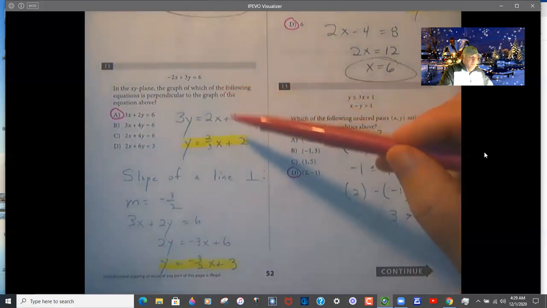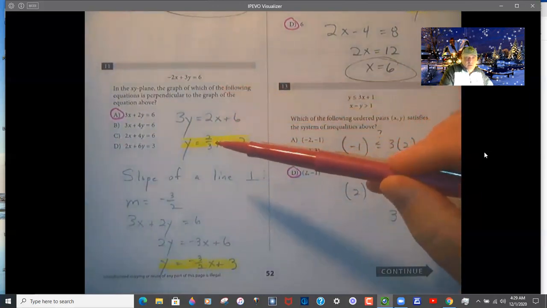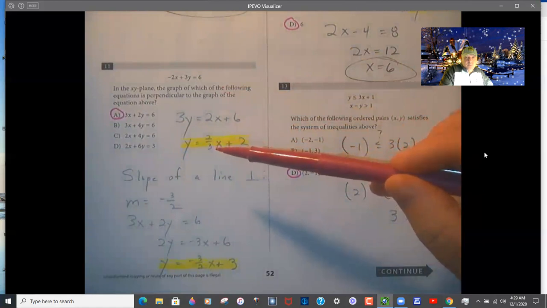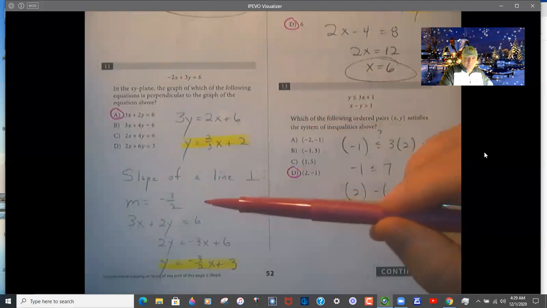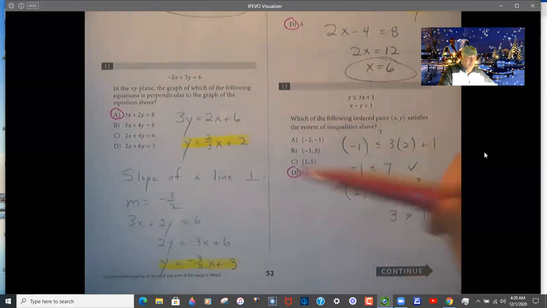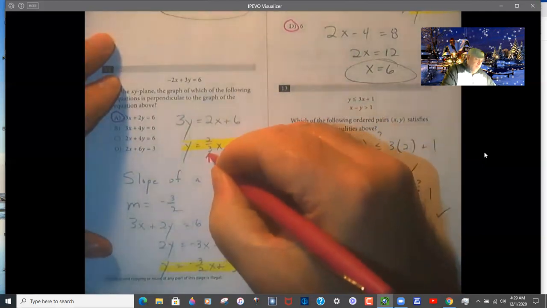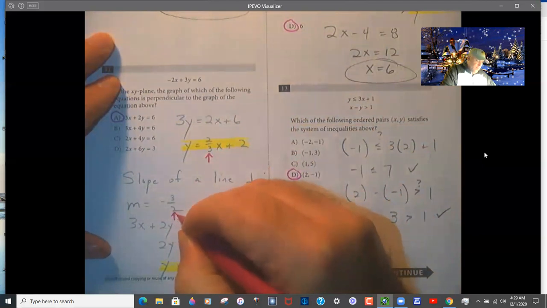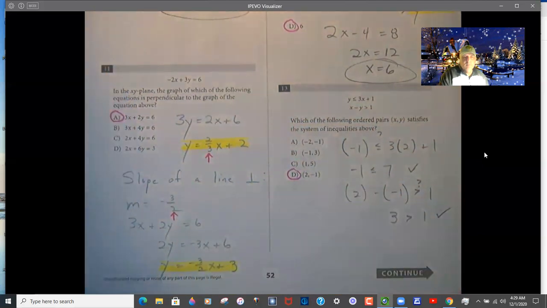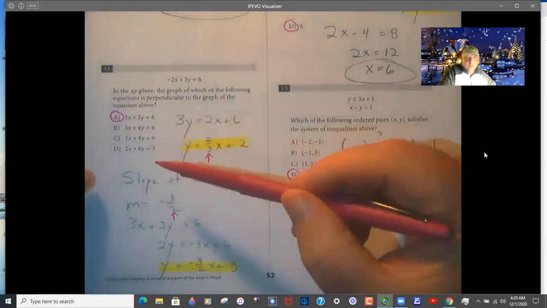So if we solve this for y, this is what we're going to get. And if we want a slope of a line perpendicular to this, the rule is that it's an opposite reciprocal. If it was parallel, it would be the same slope. The problem is, it's not just saying what are your slope choices here.